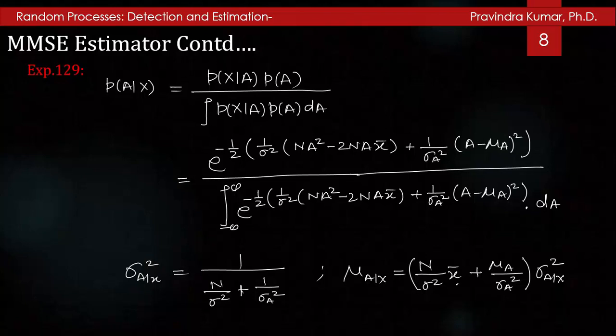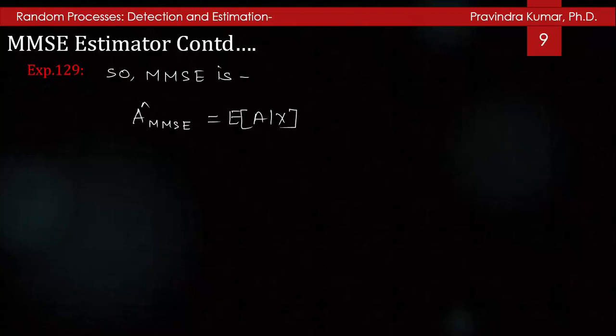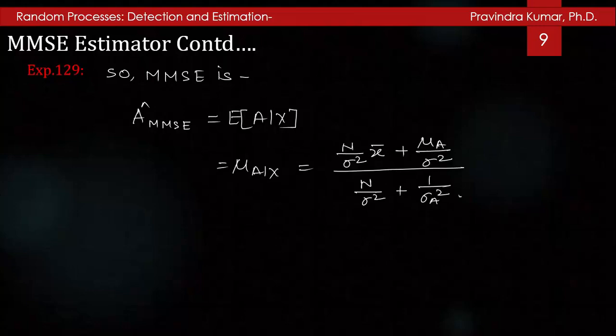So the minimum mean square error estimator of a, a hat MMSE, will be equal to the conditional expected value of a, that is E(a|x), which is mu_a|x, or equal to (N by sigma squared times x bar plus mu_a by sigma_a squared) divided by (N by sigma squared plus 1 by sigma_a squared).